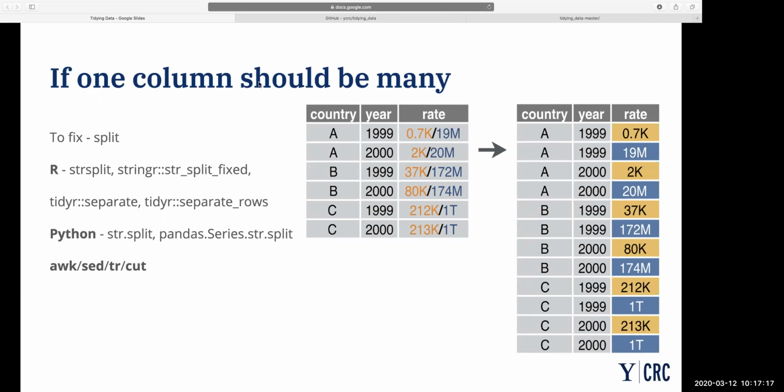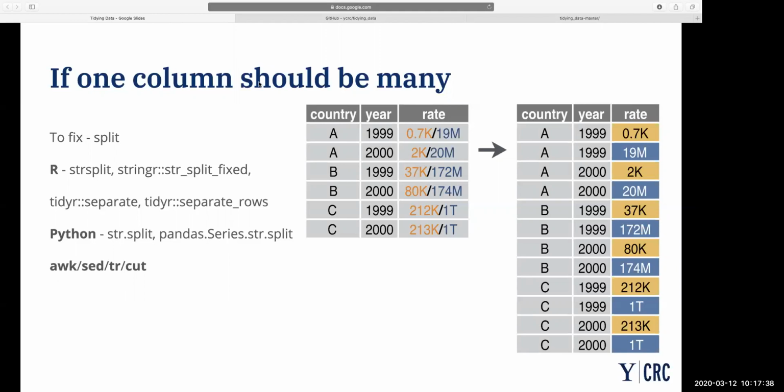If one of my columns should be more than one column, as in I have rows where I have multiple variables in a single column, the best way to make that tidy is to split that column into multiple columns.